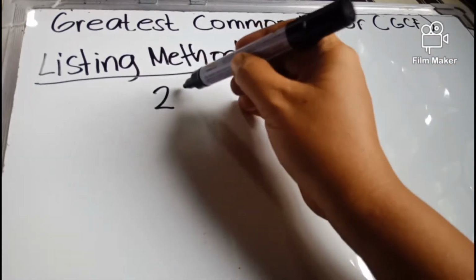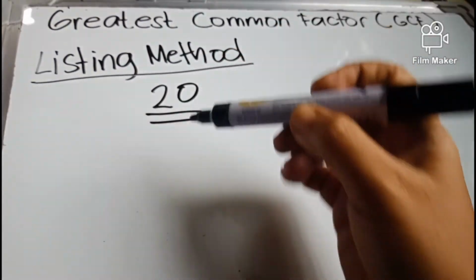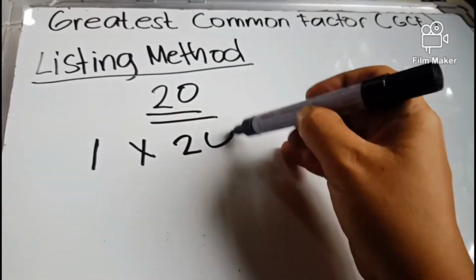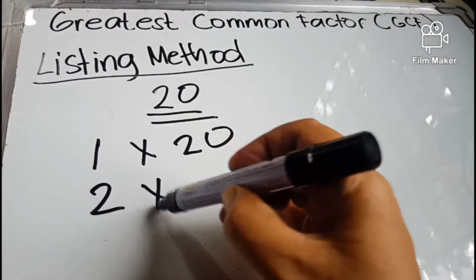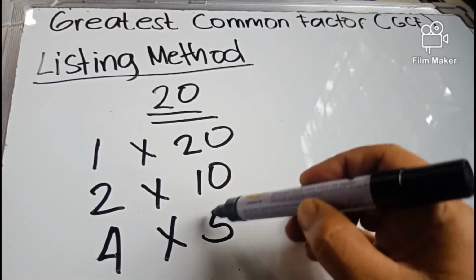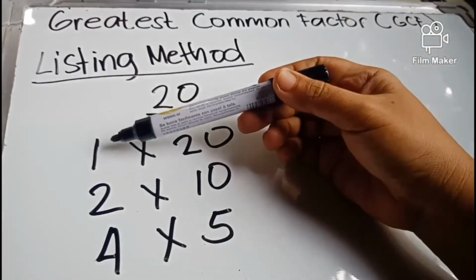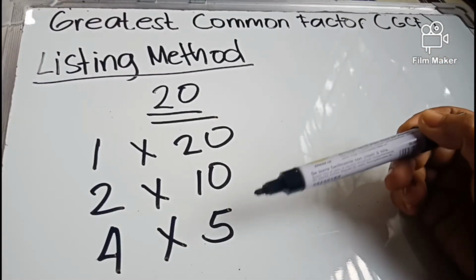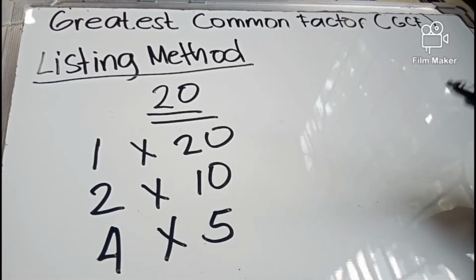Example nga dito sa 20. So, yung factors ng 20 ililista natin, 1 times 20, 2 times 10, and 4 times 5. So, itong 1, 2, 4, 20, 10, and 5 ay mga factors ng 20.